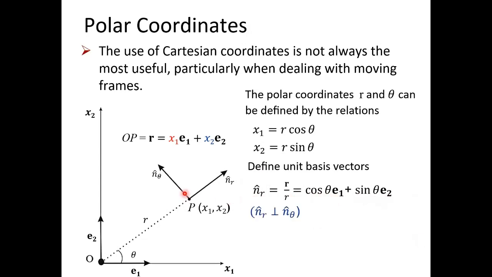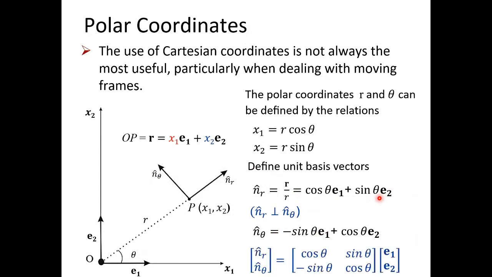And then I define another vector which is perpendicular to this n hat r. I call it n hat theta, that is the direction of increasing theta. Since this is a perpendicular unit vector, the first derivative of n hat r is the definition of this vector. Therefore, n hat theta is minus sin theta e1 plus cos theta e2.